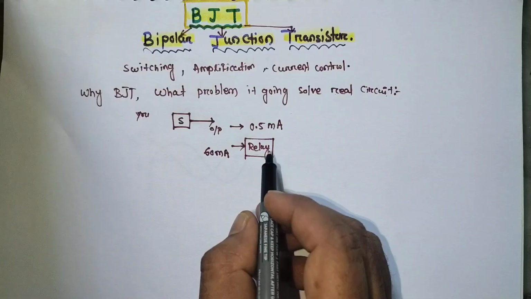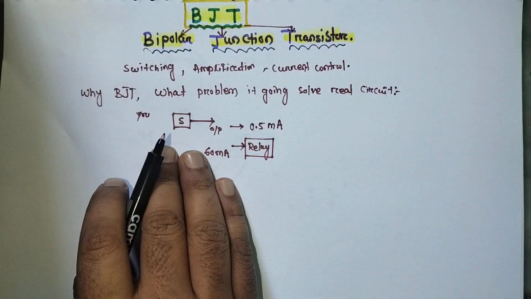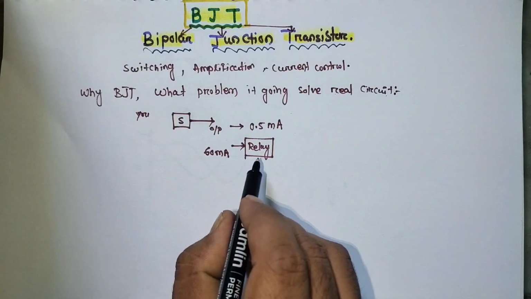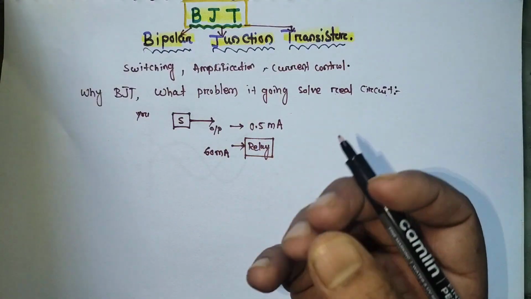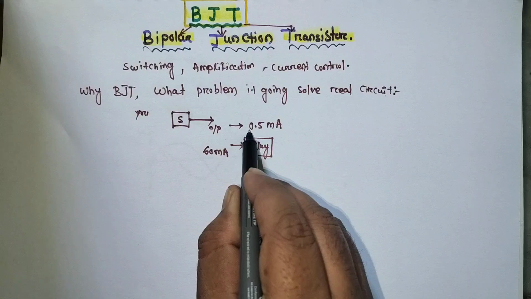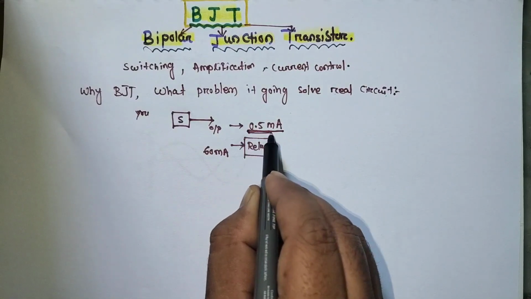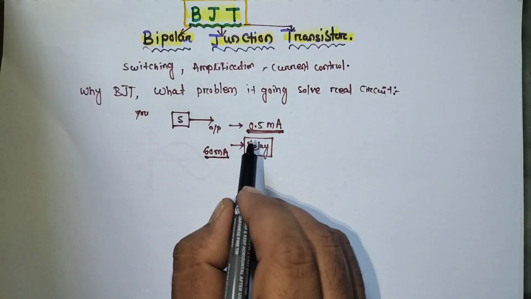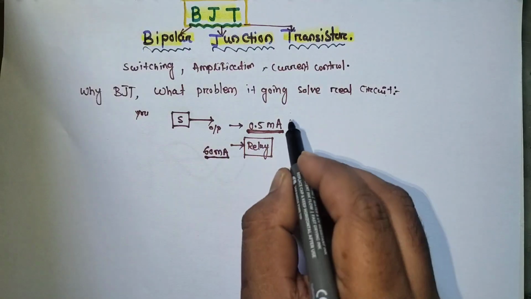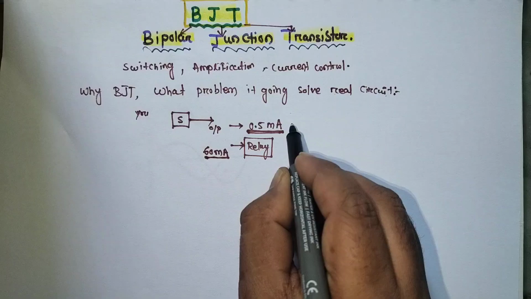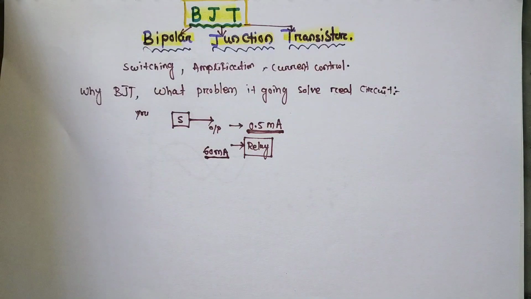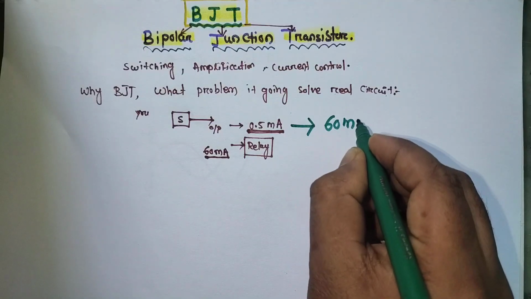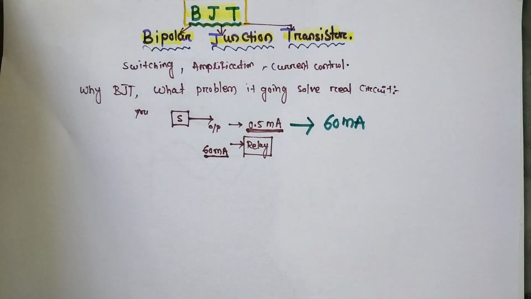If you directly connect this sensor to the relay, it cannot operate that relay, because here the current is only 0.5 milliampere and the requirement is 60 milliampere. So we need to amplify this current to 60 milliampere so that it can operate.